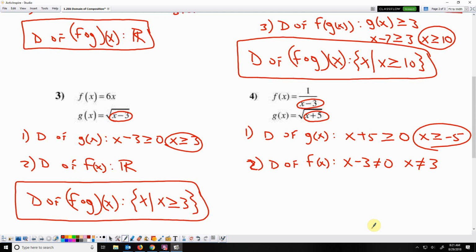That's not all reals, so that tells me I need a step 3 where I do the composition, domain of f of g of x. And here's where I steal from steps 1 and 2. G of x cannot equal 3.